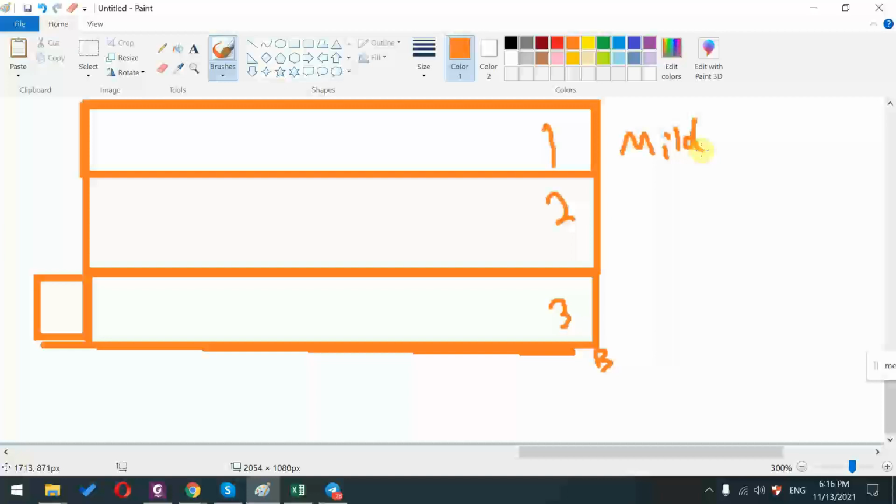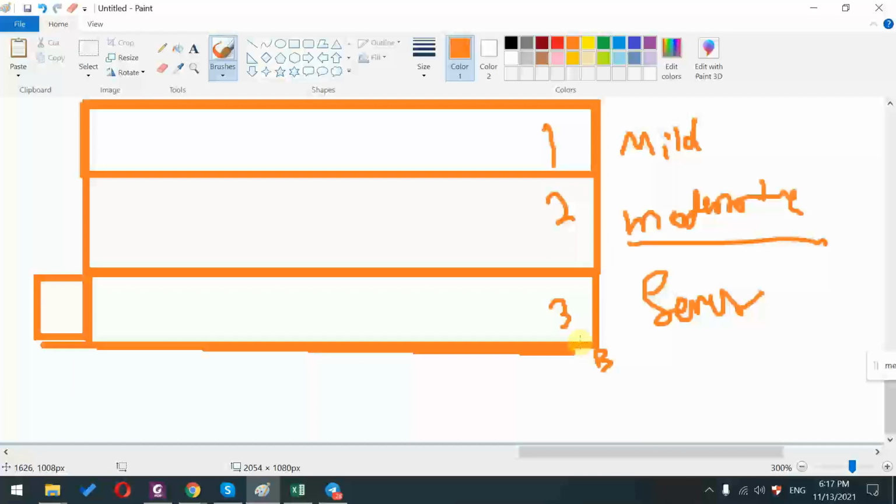So if we say it's moderate, how many layers? 2 layers. Is moderate reversible? Yep. Okay. What about severe dysplasia? It's 3 layers. Is it reversible?